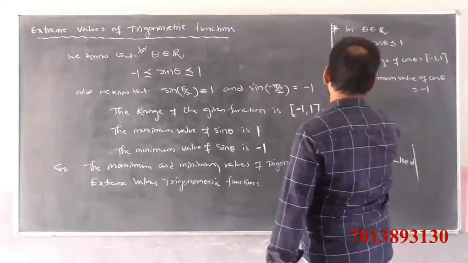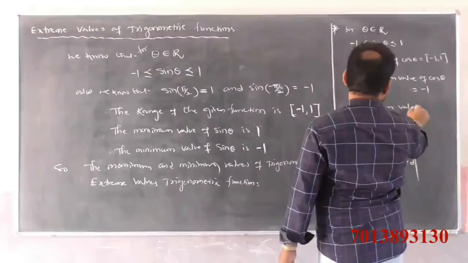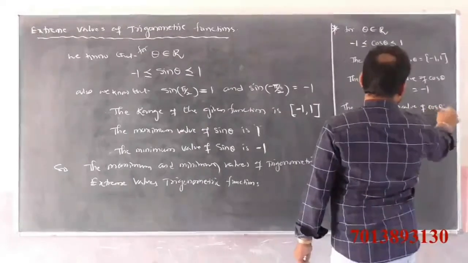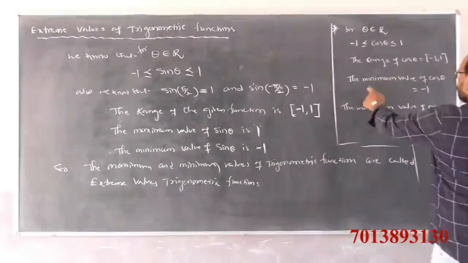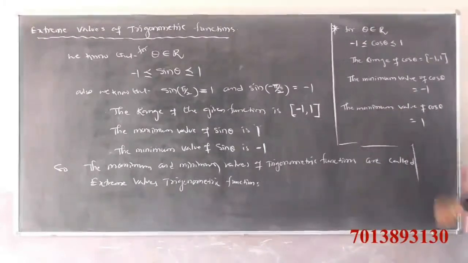The maximum value of cos theta is equal to plus 1. So the minimum value of cos theta is minus 1, and the maximum value is plus 1.